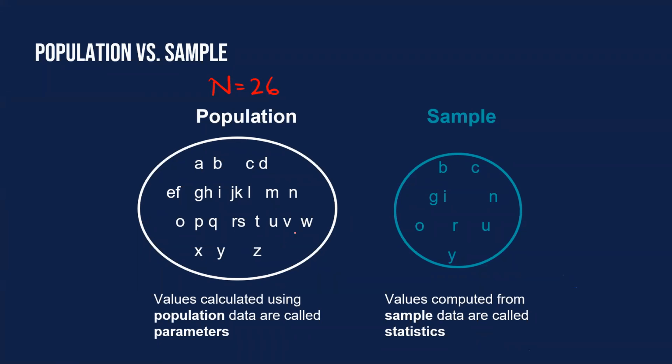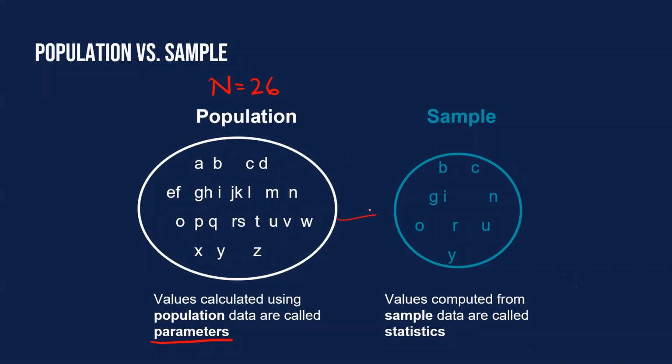Now suppose the letters of the alphabet are paid a salary based on how much they're used. I know it seems silly, but A makes a lot of money and Z doesn't. If you were to calculate the average income of these letters, that would be a parameter because it comes from complete information.